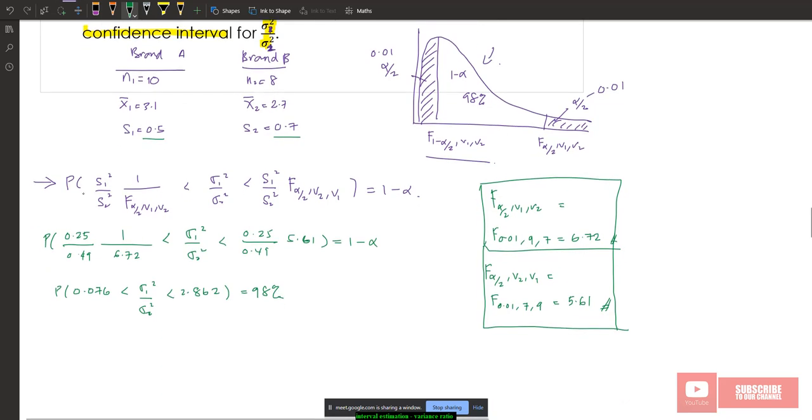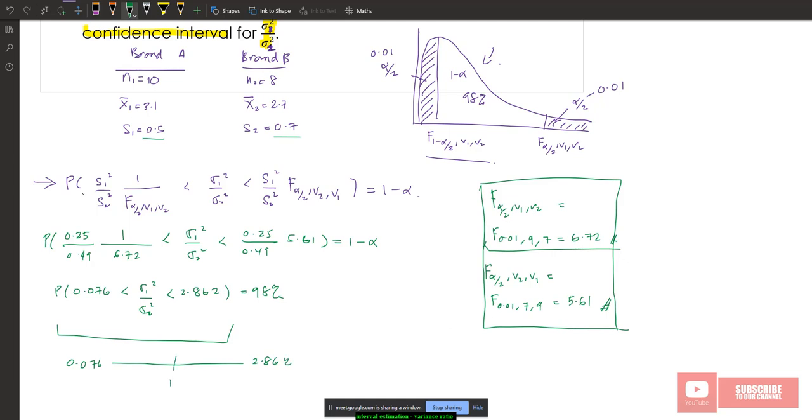So now the confidence interval of the ratio of variance is between 0.076 and 2.862. If you can see, this interval includes 1. So this is 0.076 until 2.862, and in between we have 1.